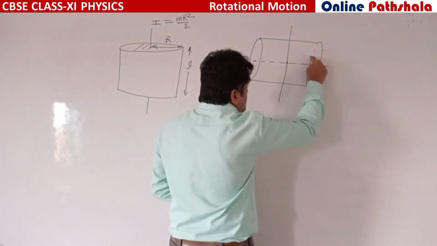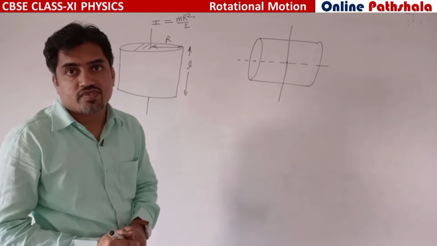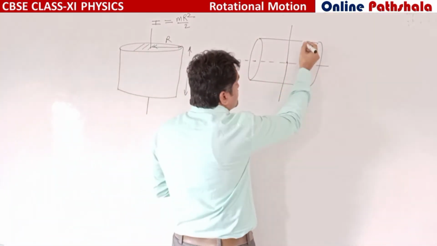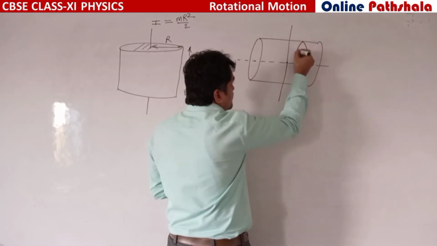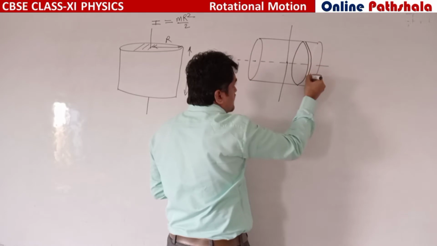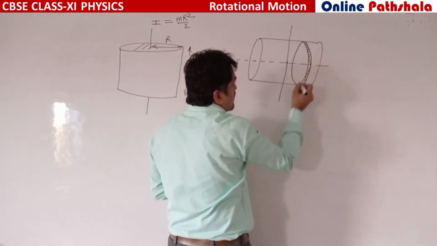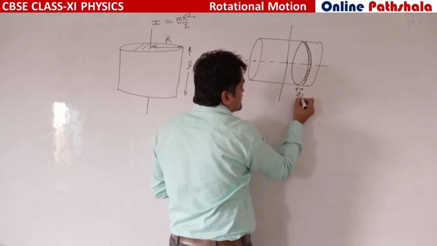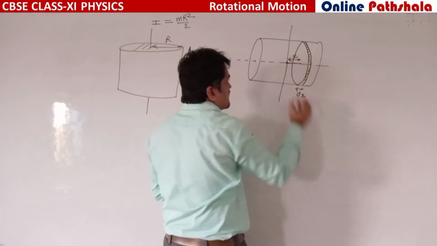To find the moment of inertia, we have to consider a differential disk. So let us consider a differential disk of thickness dx and at distance x from the center.